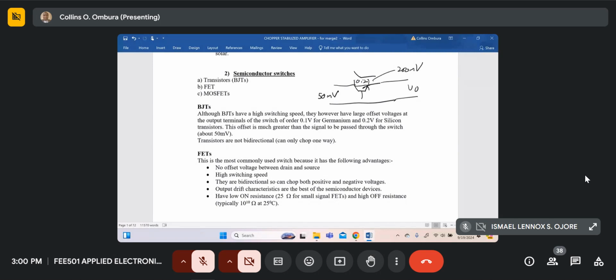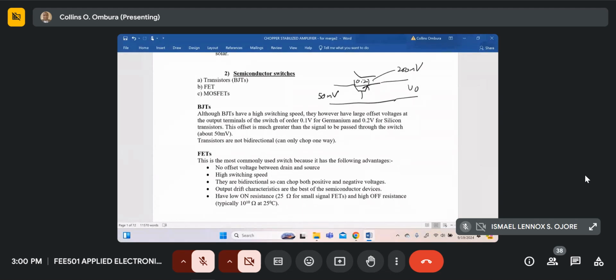So I've said that although BJTs have a high switching speed, they, however, have large offset voltages at the output terminals of order 0.1 volts for germanium, 0.2 volts for silicon. This offset voltage is much greater than the signal to be passed through, i.e. 50 millivolts.